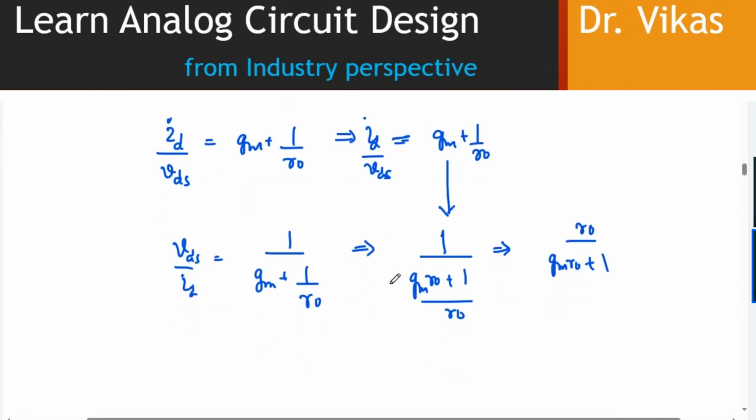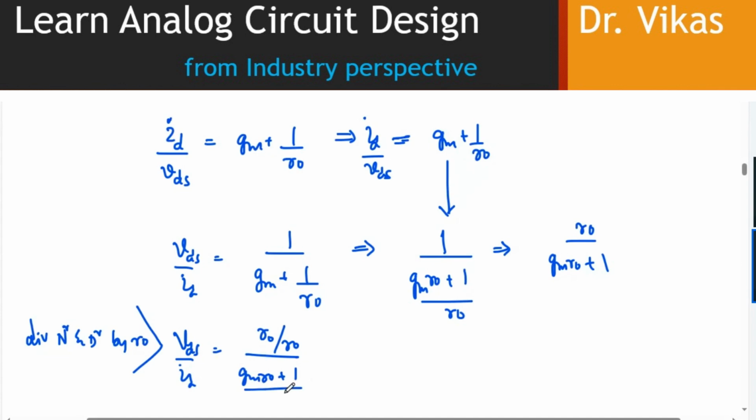So let's further solve this. VDS by ID, dividing both numerator and denominator by R naught. Why am I doing this? Just for mathematical calculation. Sorry, let's not divide by R naught, let's divide by Gm.